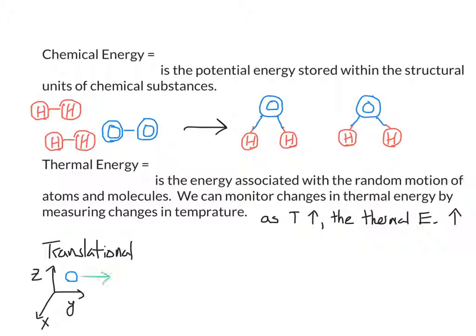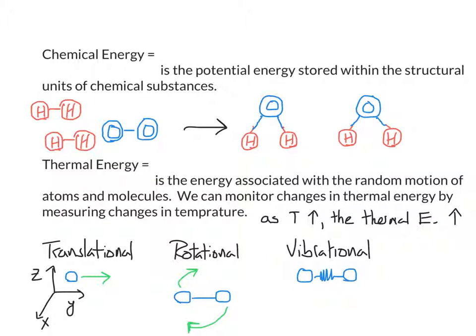They can also rotate, so that would be kind of spinning in three-dimensional space. Molecules also have bonds within them. Those bonds are capable of vibrating, so that's a vibrational motion. So how is the thermal energy partitioned within a molecule? That energy is spread out into translational, rotational, or vibrational modes within the molecule.